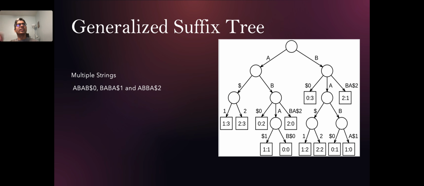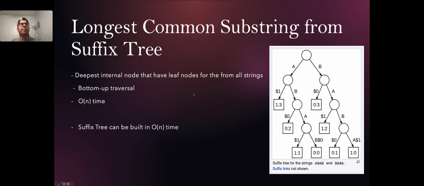We represent all the suffixes that are present in all the strings with this tree. And with this generalized suffix tree, we can get the longest common substring in an easy way.